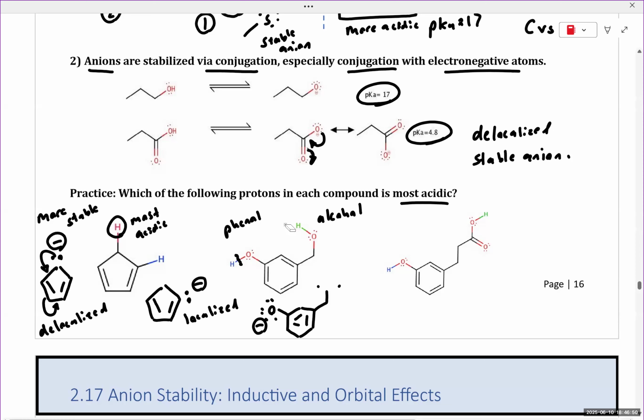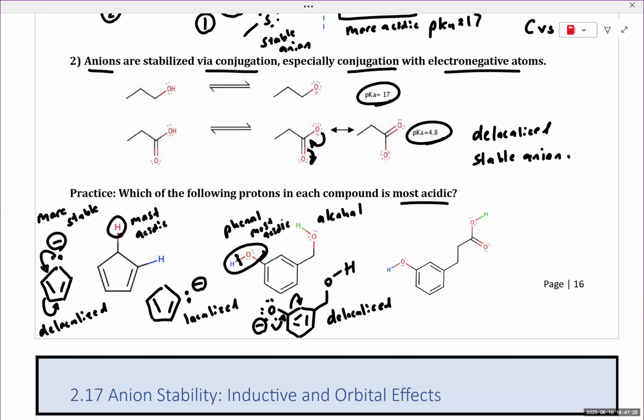Let's just look at the conjugate base anion of deprotonating the phenolic hydrogen. As you can see, this lone pair is conjugated to our aromatic ring, and thus it can be delocalized. Thus, because this specific conjugate base is especially stable, this phenolic hydrogen is the most acidic hydrogen.